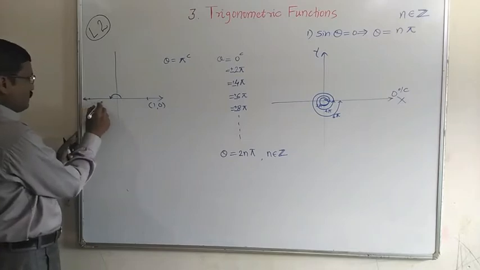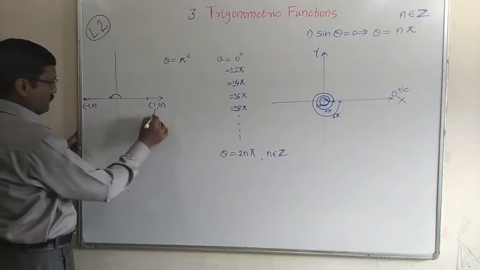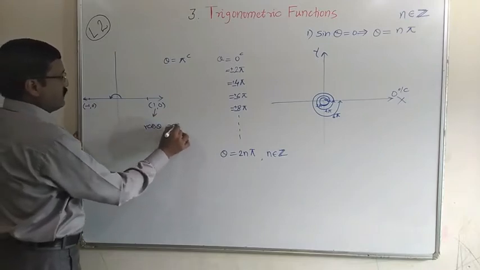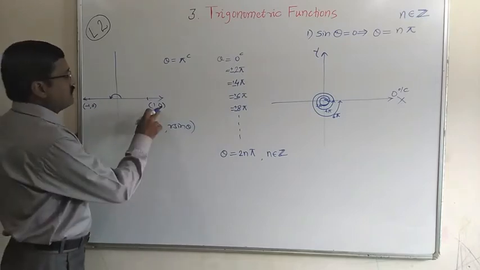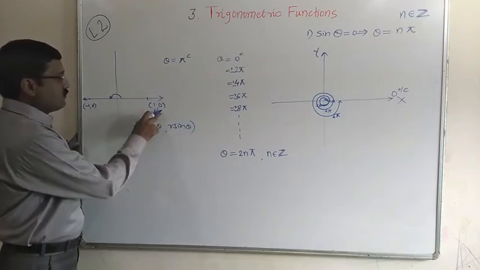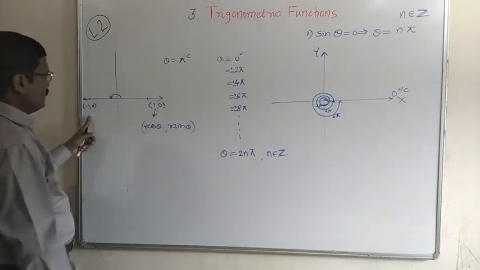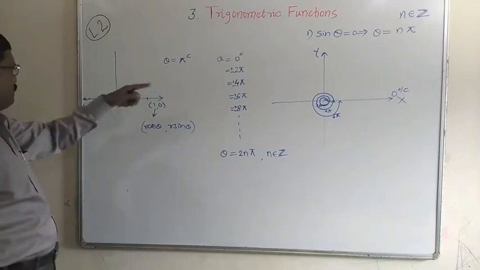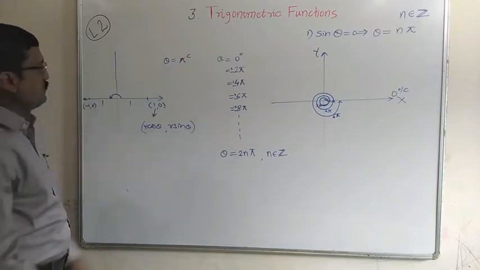Here at a distance of 1, we get the point as minus 1, 0. First coordinate is always r cos theta, second is r sin theta, the coordinates of any point. Here r sin theta is 0, means sin theta is equal to 0. Here also the y coordinate is 0, so sin theta is equal to 0. Here r is 1. So when theta is equal to pi, sin pi is equal to 0.